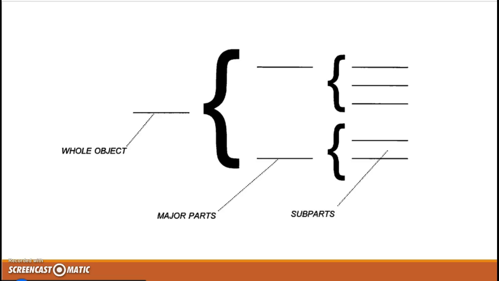Most often, the Brace map is used to capture an idea, concept, or thing and its component parts, or the things that make it up.